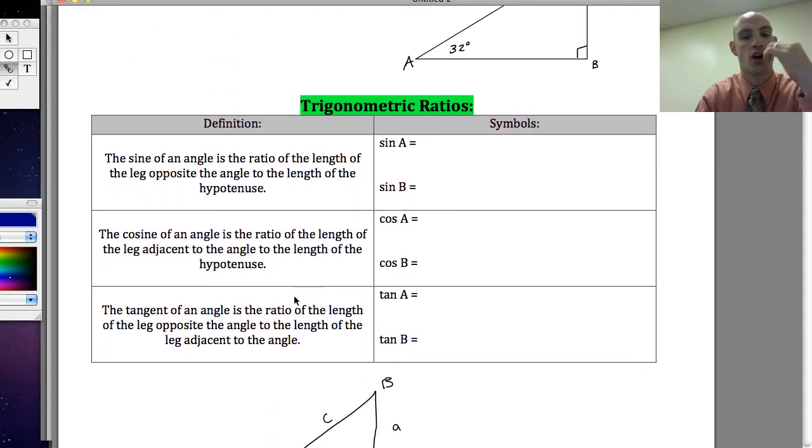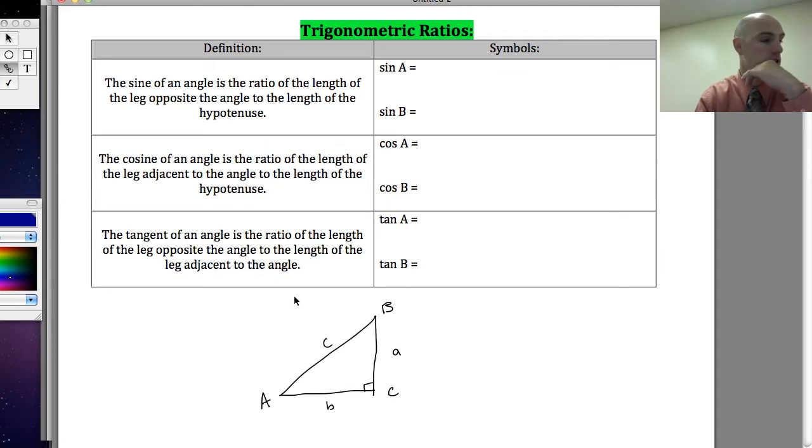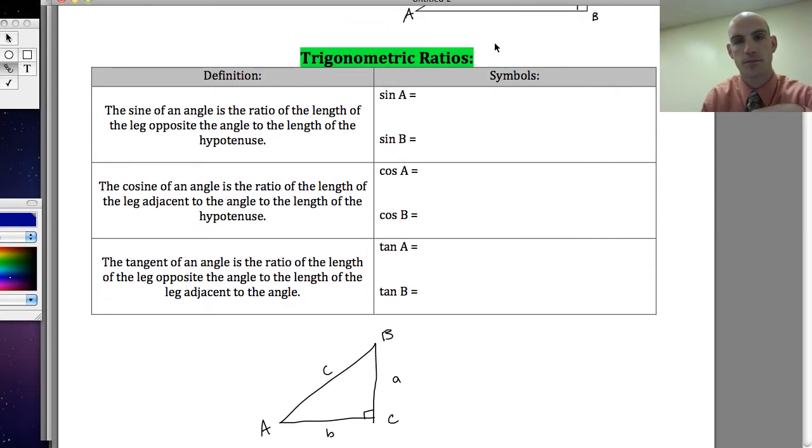Trigonometric ratios are ratios of a side, or of sides. So, trig ratios are ratios of two sides of a triangle, and I'm going to abbreviate triangle with a triangle symbol.